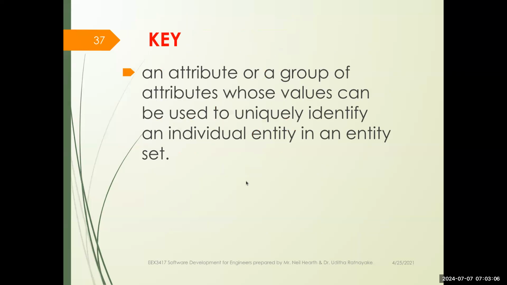Key: an attribute or a group of attributes whose values can be used to uniquely identify an individual entity in an entity set. Now, what is the key attribute of a student? Can you chat?